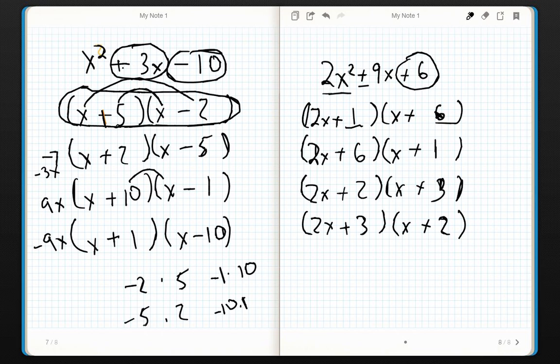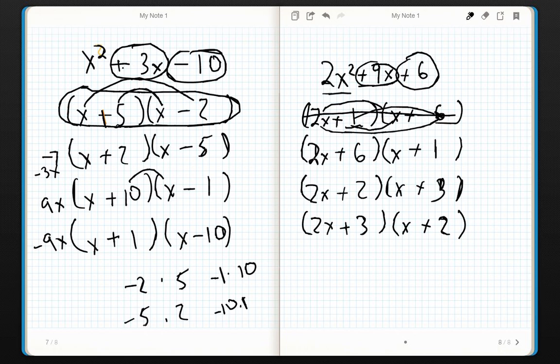I need to check these. Now I know 2x times x is 2x squared, and I know that 1 times 6 is 6. What I'm not sure of yet is how the other ones work. I've got 2x times 6 is 12x. 12x plus 1x is 13x. We're not looking for a 13x, we're looking for 9x, so it's not it.